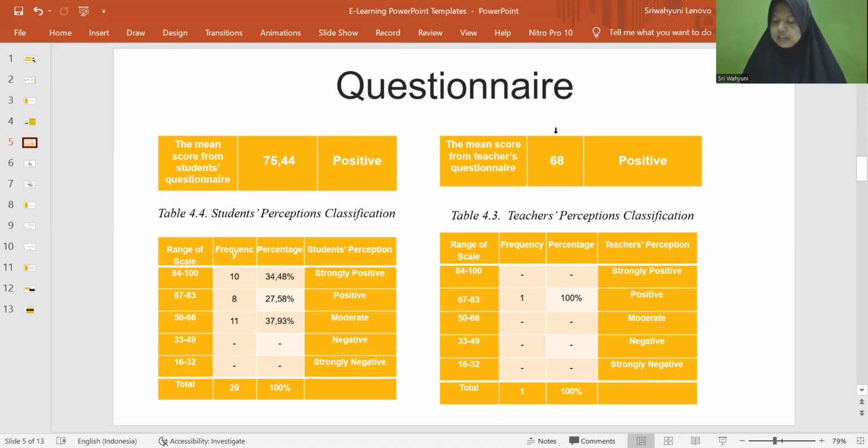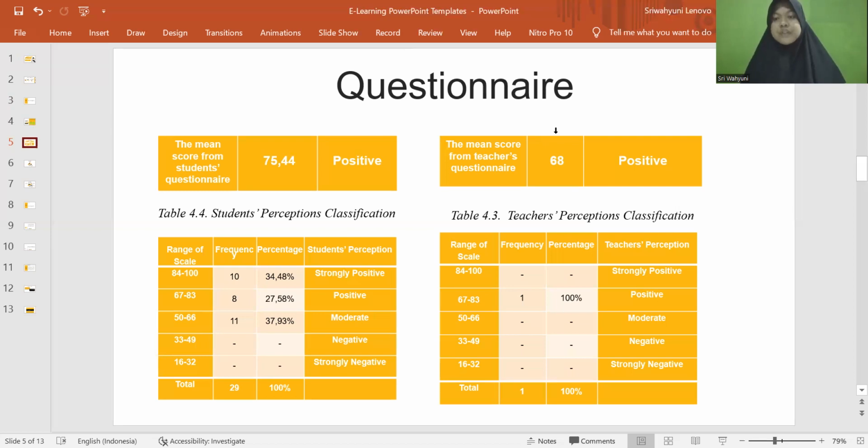It was shows that the main score of the teachers and the students' perception about the use of code mixing in teaching English is 68 for the teacher's perception and 75.44 for the students' perceptions, which is classified as a positive.